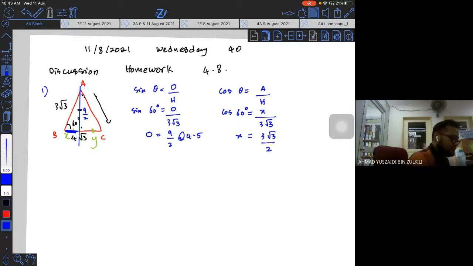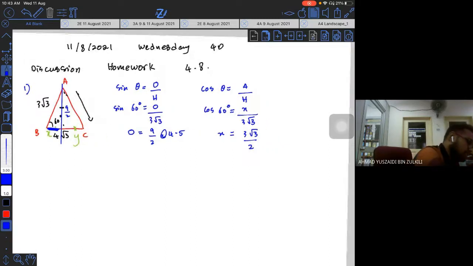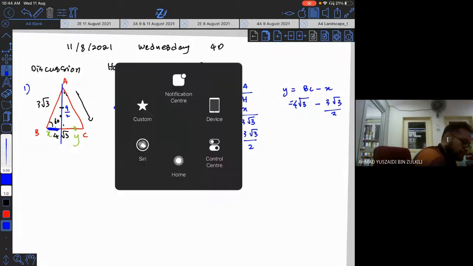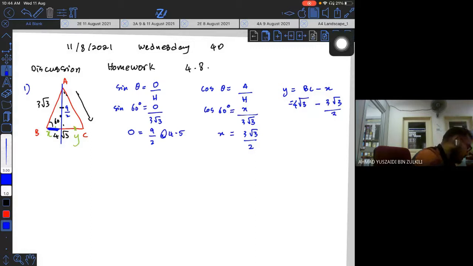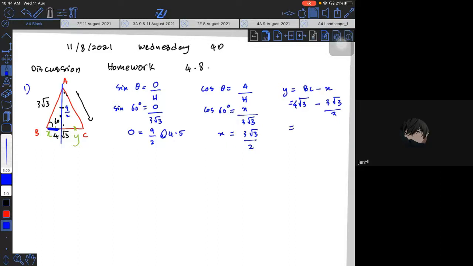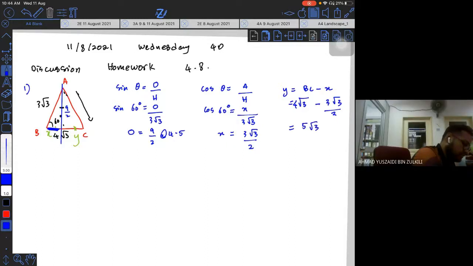Next, what should we find? Now that we have X, find Y. Y is equal to length BC minus X. Your BC is 4√3 minus your X, 3√3 over 2, which is equal to what? 5√3 over 2.